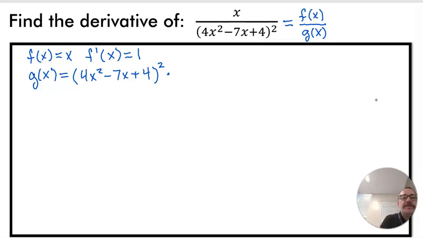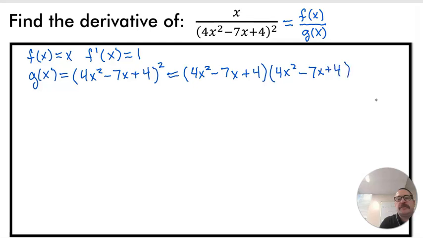And then just to remind y'all, yesterday we saw something like this. Remember, if you see a square, you've got to FOIL it. Well, actually, you have 2 choices. So you have a couple different choices if you'd like to differentiate g, which you're going to need to do.